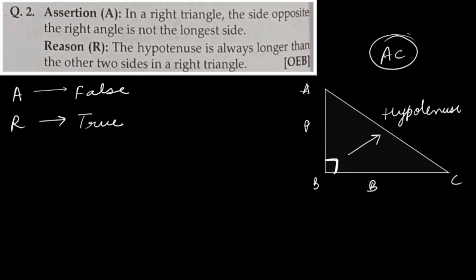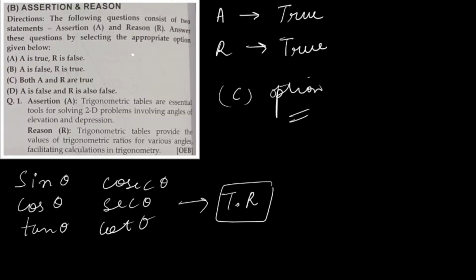So which option? Options you have already seen. I hope you remember the options. A is false and R is true. So which option? So option B. A is false, R is true is B option. Yes.